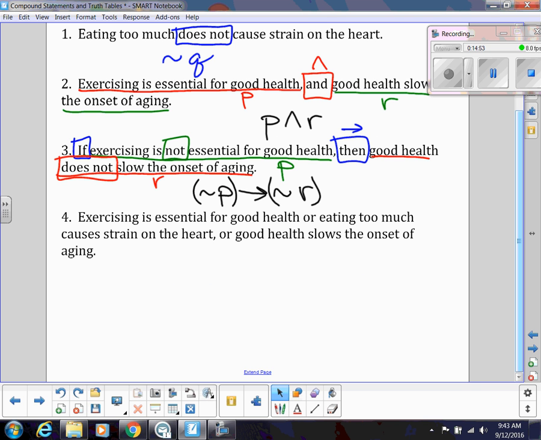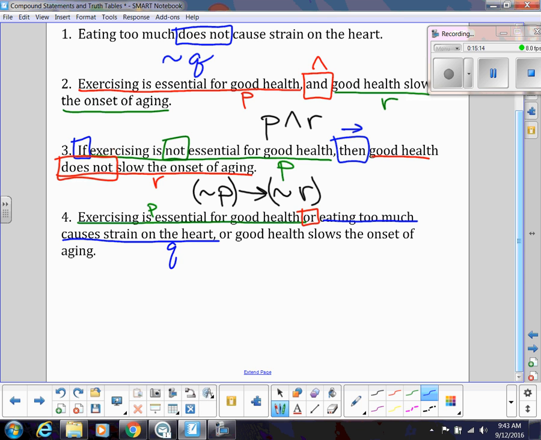And then our final one, exercising is essential for good health. So that is the P. That's P. Or, so we have a connector. Or eating too much causes strain on the heart. That's Q. That part is Q. And then we have another connector. Or good health slows the onset of aging. So then we have, let's see, what haven't I used?